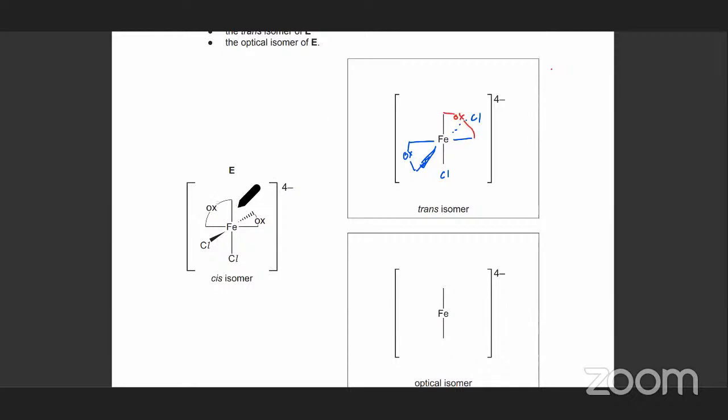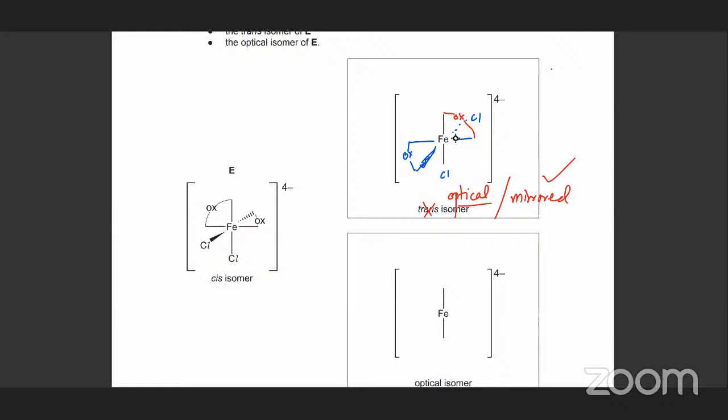Sir, can't we also show trans by having Cl on opposite sides? I mean, that would be that. Sorry. This one is optical. I think I was drawing optical. No, this one is optical, and this is the mirrored version. Okay, that's the mirrored. Why are we crossing over OX and Cl?